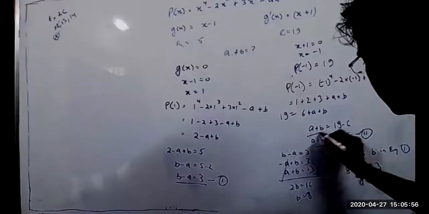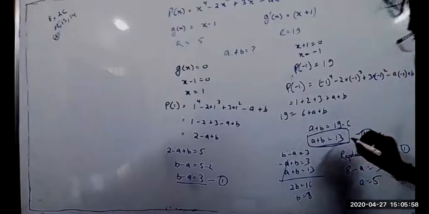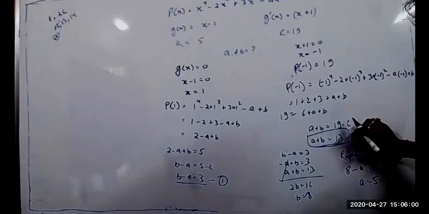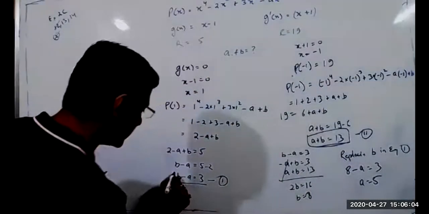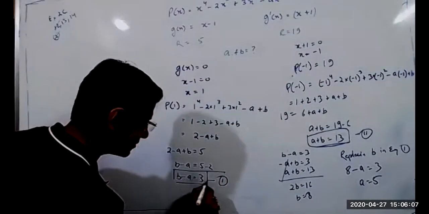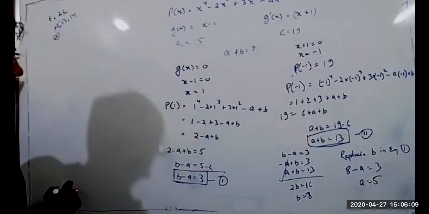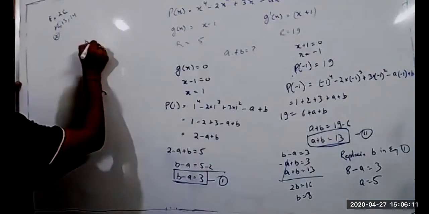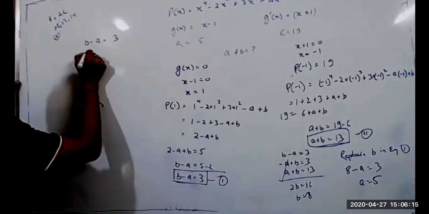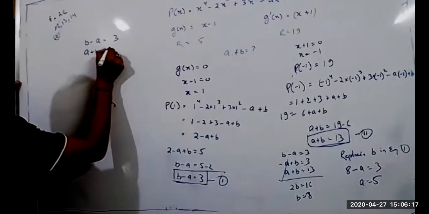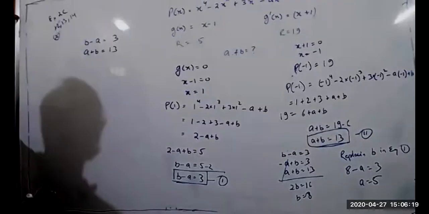So here, did you get how we took a plus b is equal to 13? This step you are talking about? Sir, after that. So this and this equation is clear, how you got? Yes, sir. Okay, I will do it again. I'll write b minus a equals 3 and the second equation is a plus b equals 13. Correct?